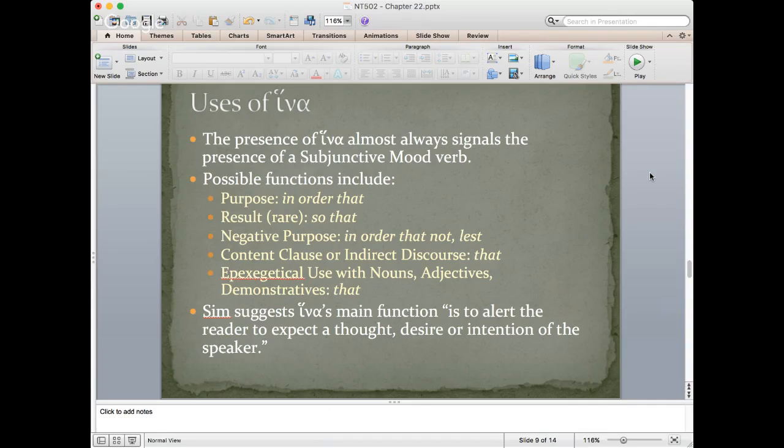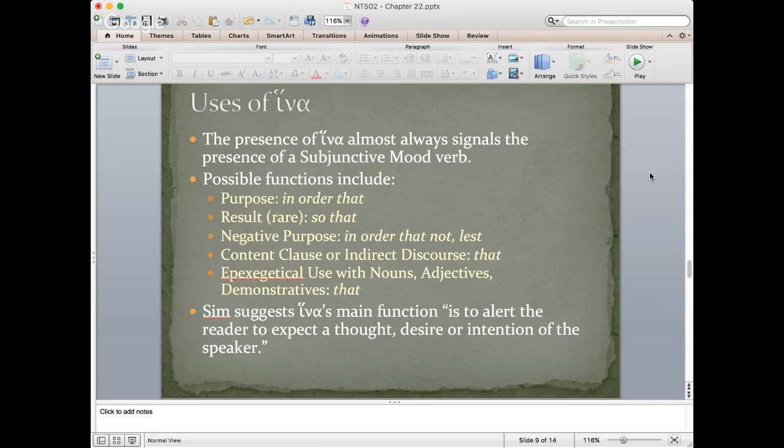Okay. And this is just restating what we've looked at in the prior slides, that hina can communicate purpose, result, negative purpose, a content or indirect discourse, epexegetical, so redefining a noun or adjective, etc., or it could be used as a demonstrative. That.